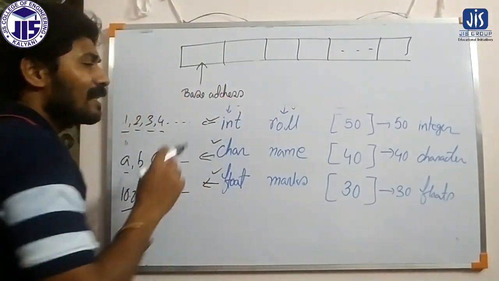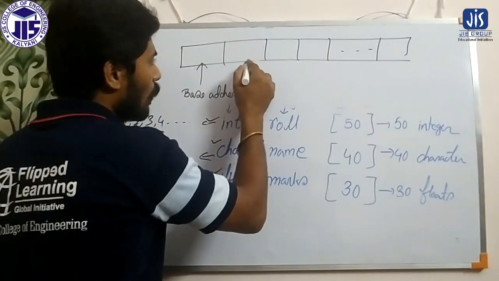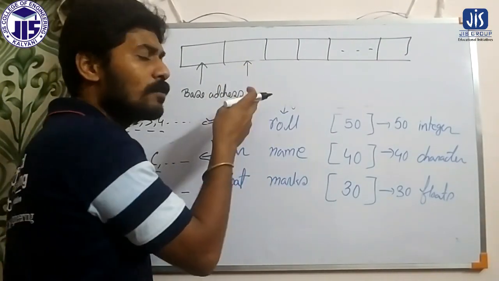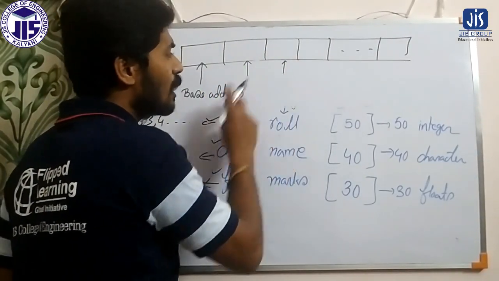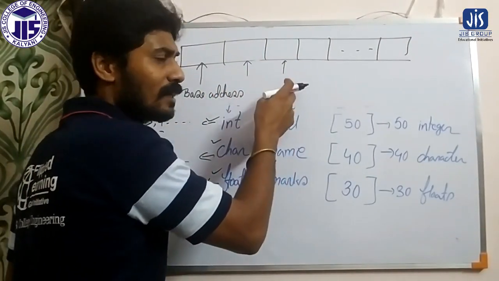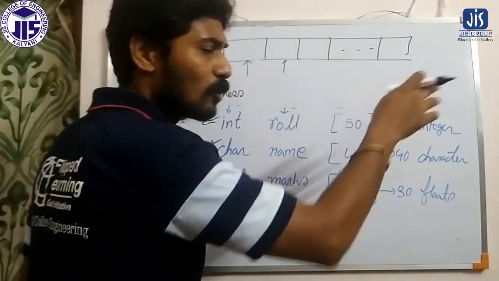This base address will be assigned by the compiler. After that, the address of the next element will be the very next address after the base address, and so on. So if it is 10,002, it will be 3, 4, 5 and so on.